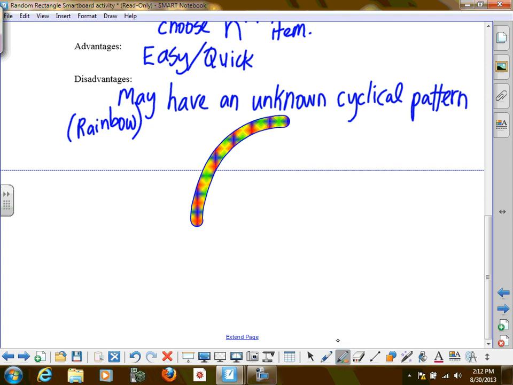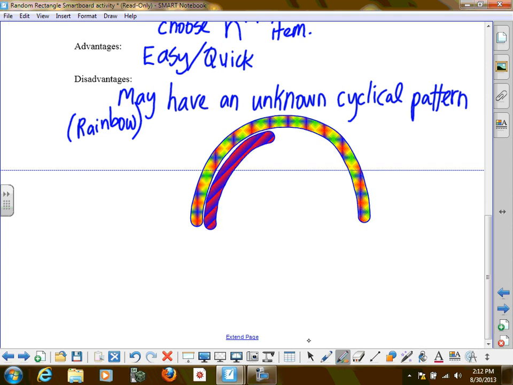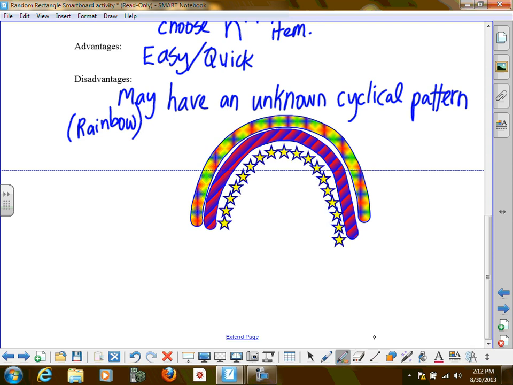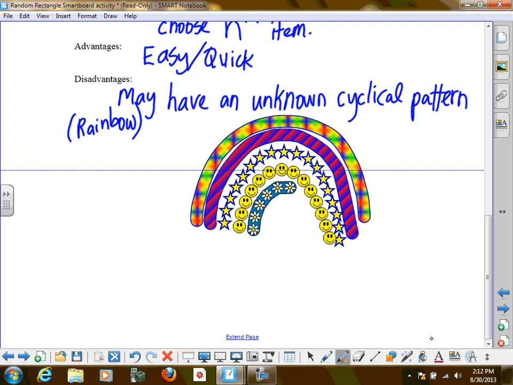So here's my pretty rainbow. There's one. I'm going to have 5 layers here. 2, 3, 4, and then 5. Okay. I'm going to pick a number randomly, a random starting point, between 1 and 5, and I do it on my generator, and I get the number 2.